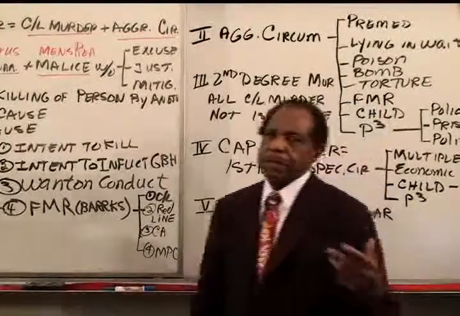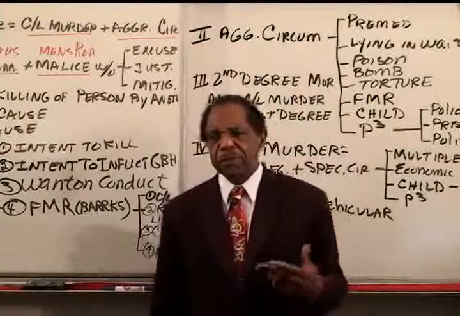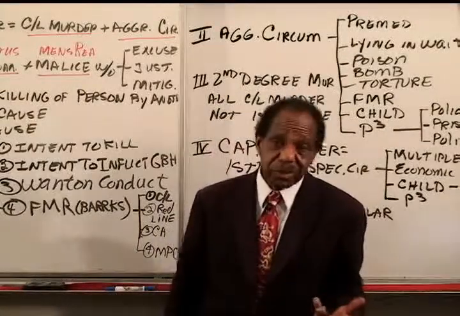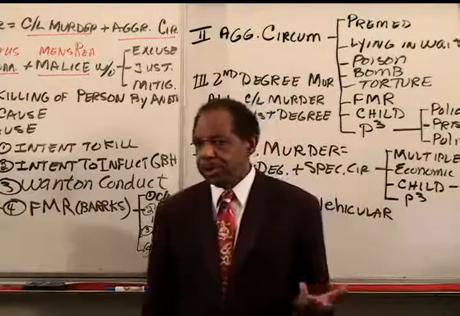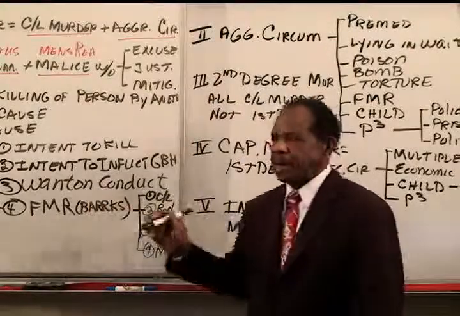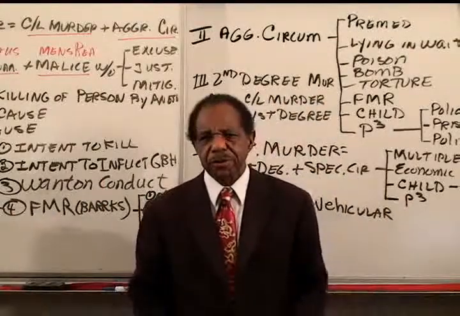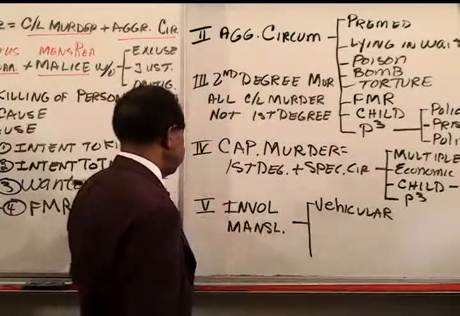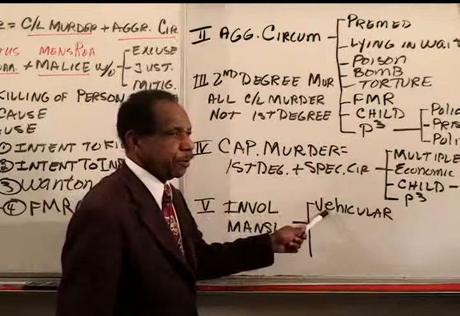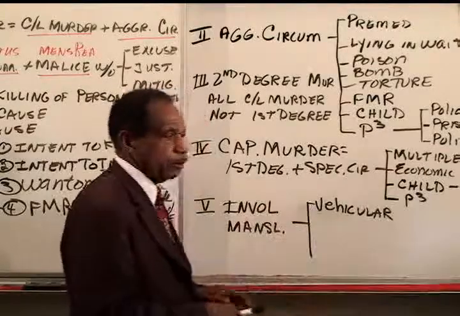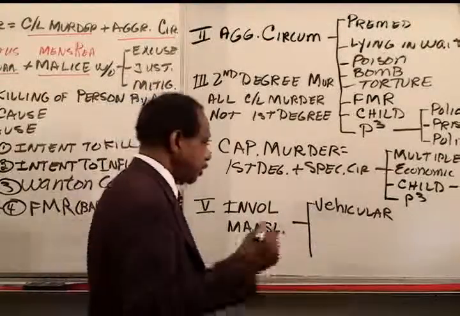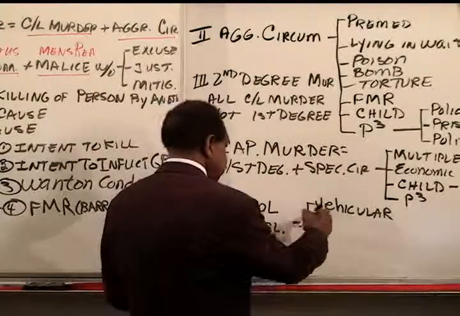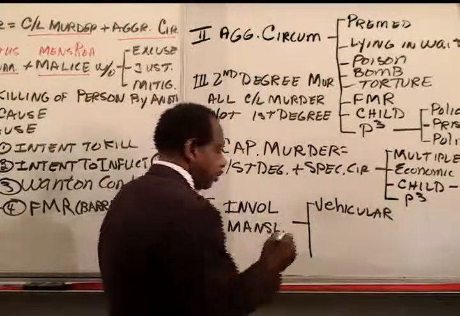On the other hand, if the alcohol limit is 0.08 and the person is 0.12 or something, you're never going to get a jury to believe that that was wanton conduct and utter disregard and so forth. And so to get second-degree murder out of vehicular manslaughter, you need a very high alcohol blood level, and somebody got killed because of it. So vehicular manslaughter is one way to get involuntary manslaughter.